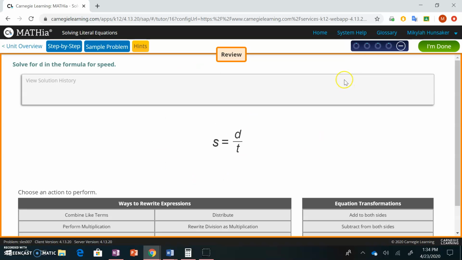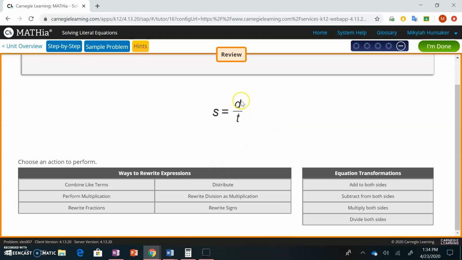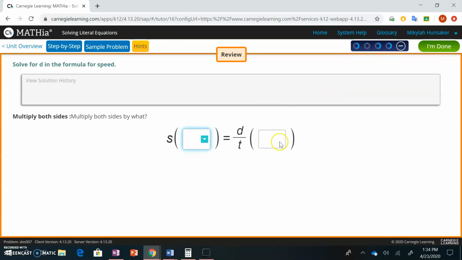Your job is to do a handful of these to solve for different letters. On this one, we have d here, so we want to get rid of this t. Remember that this bar means division, so to get rid of division, you'd want to multiply on both sides. I'll do this one for you since it's one that generally confuses people.